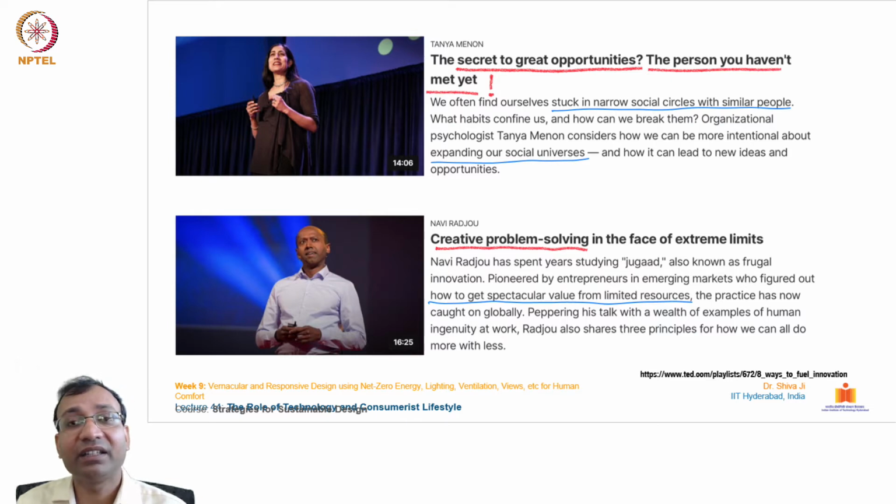Well, this is also an important point, because mostly our peer group remains the same for a long period of time. And by meeting people, by becoming part of melting pots, you may end up with some fresh ideas for your research, your project, your entrepreneurship, your business model or anything.